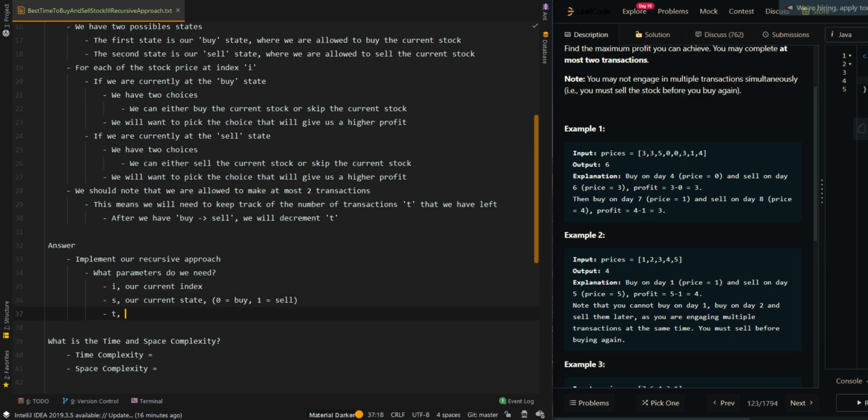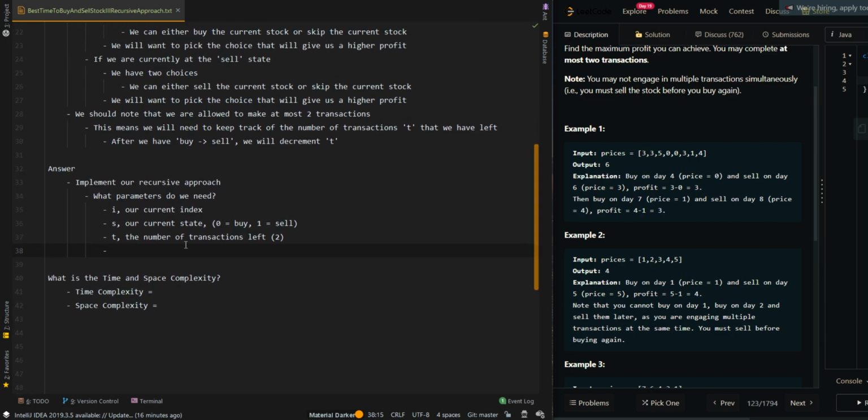We also have the number of transactions left, T, which is initially equal to 2. And then we have our input prices array.